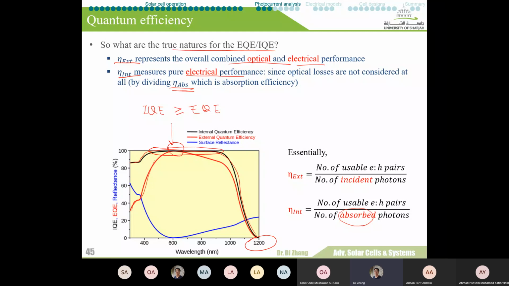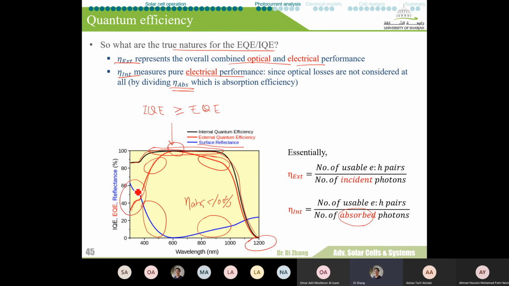Even around this wide range of wavelengths, we have almost perfect electrical performance. However, if you look at the surface reflection around this part, we have a high reflection from the solar cell, and because of this, the absorption efficiency is less than 100%. Therefore the external quantum efficiency will be less than 100%. You can see at which wavelengths we have the biggest difference between the internal and the external, specifically around this part.